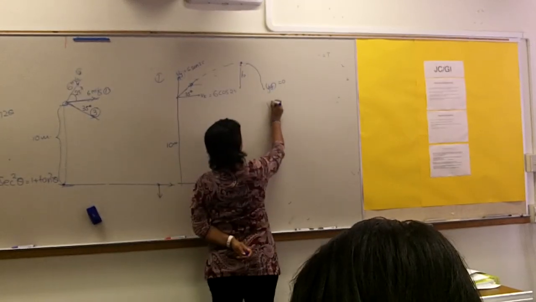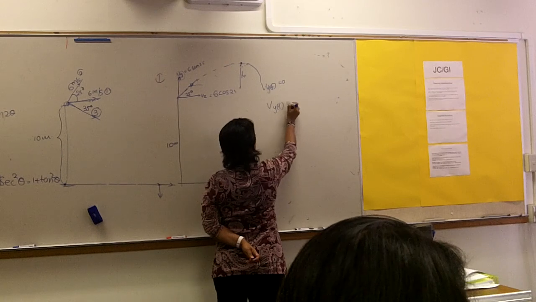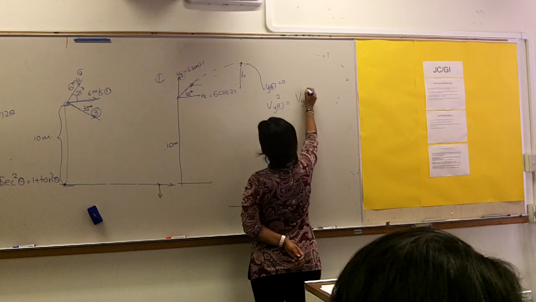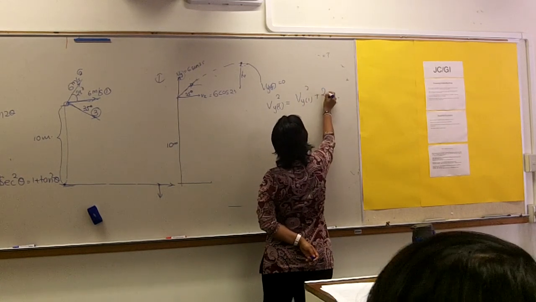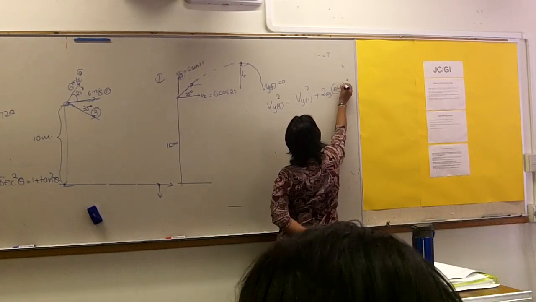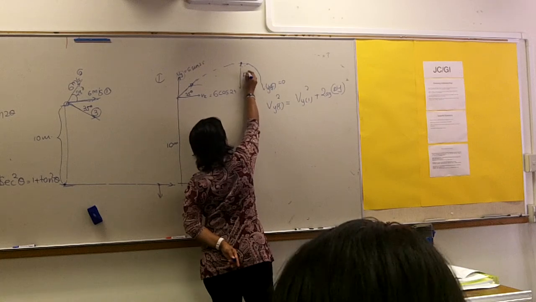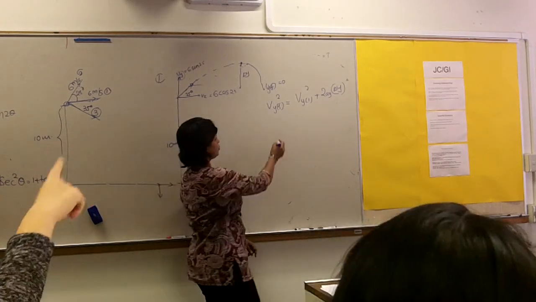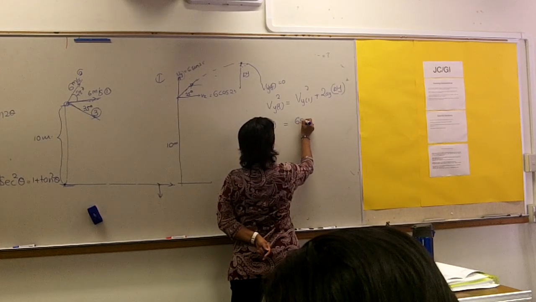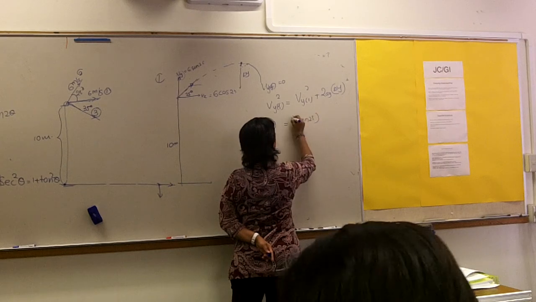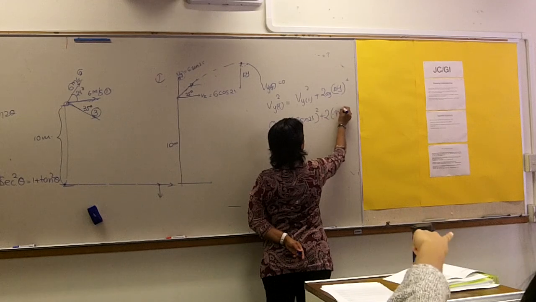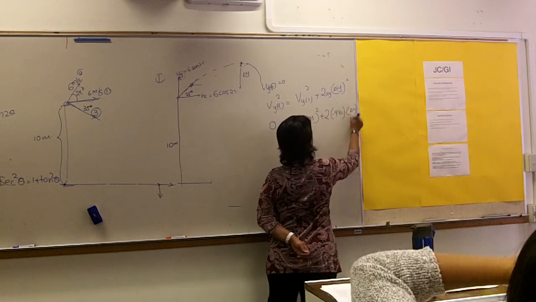So we are saying Vy final squared is equal to Vy initial squared plus 2 Ay delta y. We don't know this delta y. This is 0. This is 6 sine 25, and a is negative 9.81, and let's find delta y.